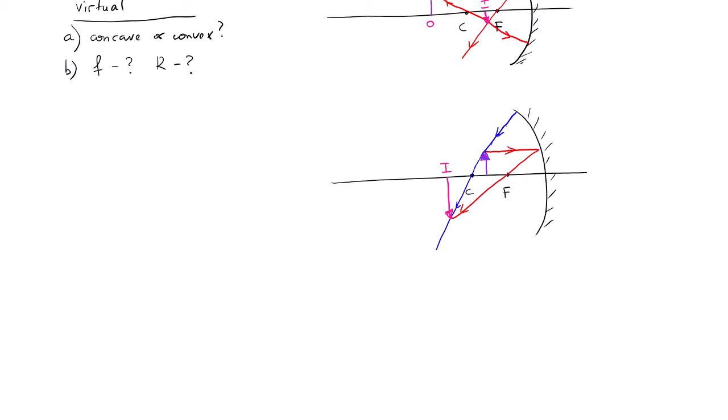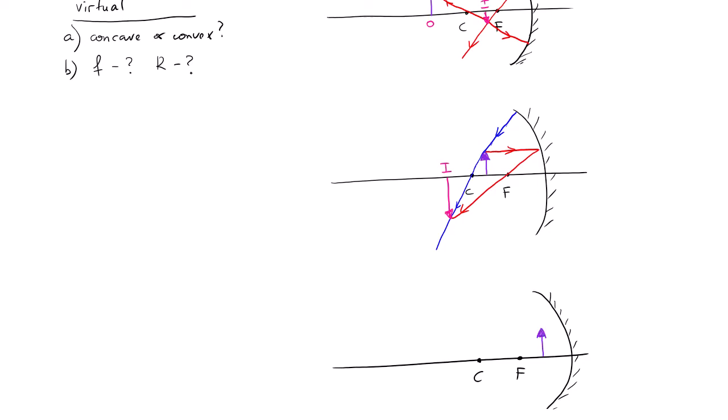Let's draw again our principal axis or optical axis, the concave mirror, and then the focal point and the center of the curvature. And now our object is before the focal point.